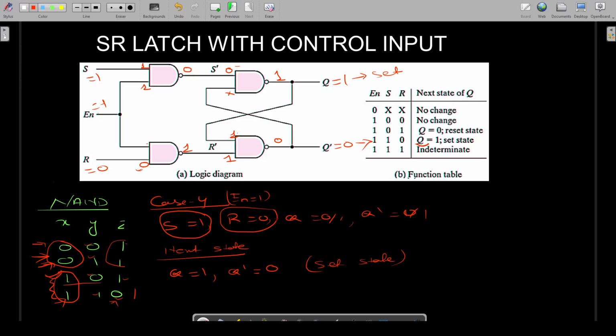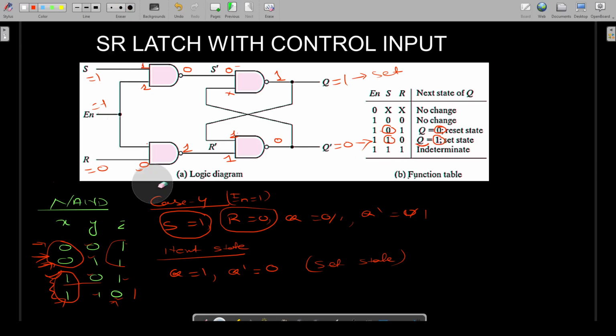That means the output will be observing the value equal to 1 for Q. So from these previous two cases, you should notice here, if S equals 0, then next state Q equals 0. If S equals 1, then the next state Q equals 1. So we can say that if the set value is equal to 0, the output is reset; if the set value is equal to 1, then the output is set.